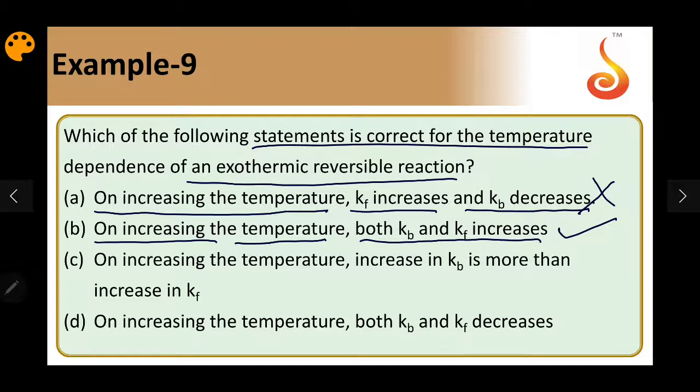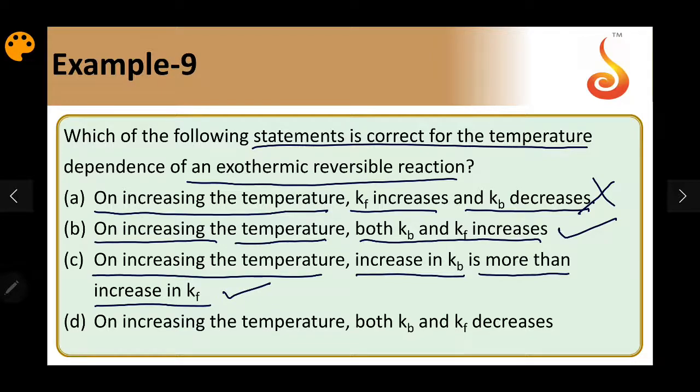Then one more important point, for an endothermic reaction, the increase in the rate is more in a reversible reaction compared to the increase in the rate for the exothermic direction. On increasing temperature, forward is exothermic, backward is endothermic, so increase in Kb is more than increase in Kf, which is very correct.